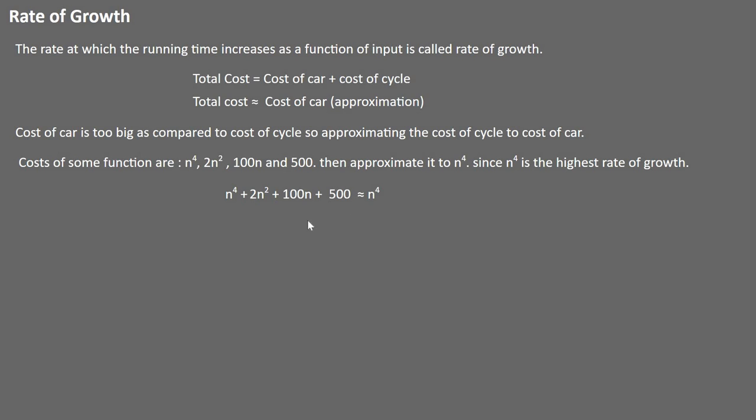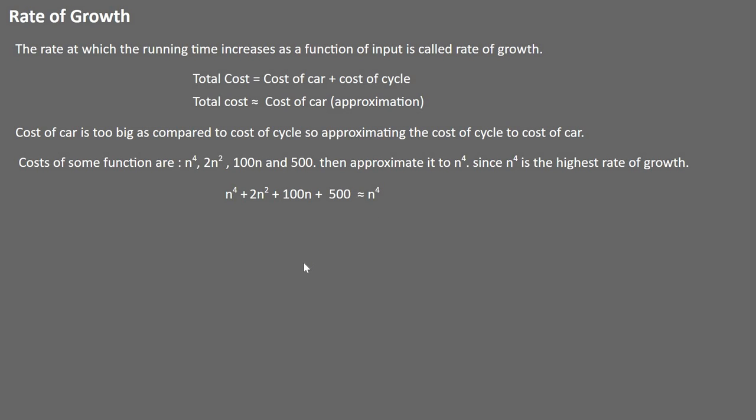So if I'm going to calculate the actual value, you should say the running time, in that case I will take n raised to power 4, because when calculating all these values, this term is actually defining the function. So the approximate cost of that function is defined by the term n raised to power 4.